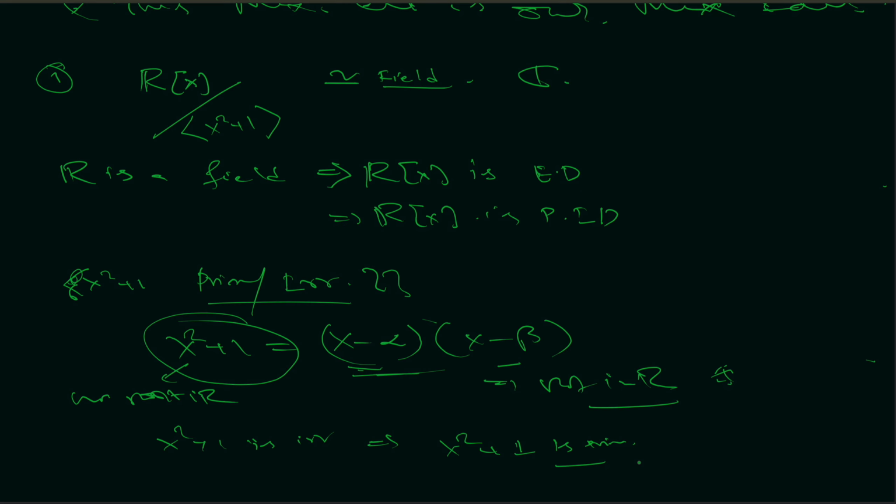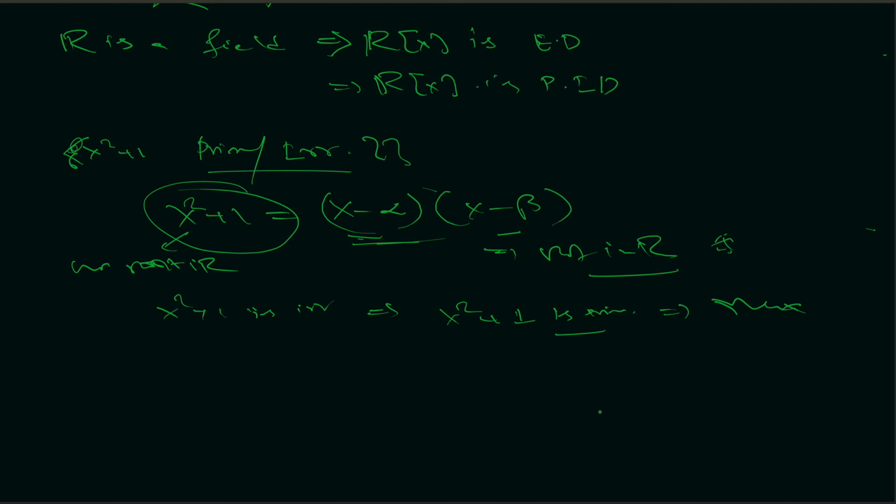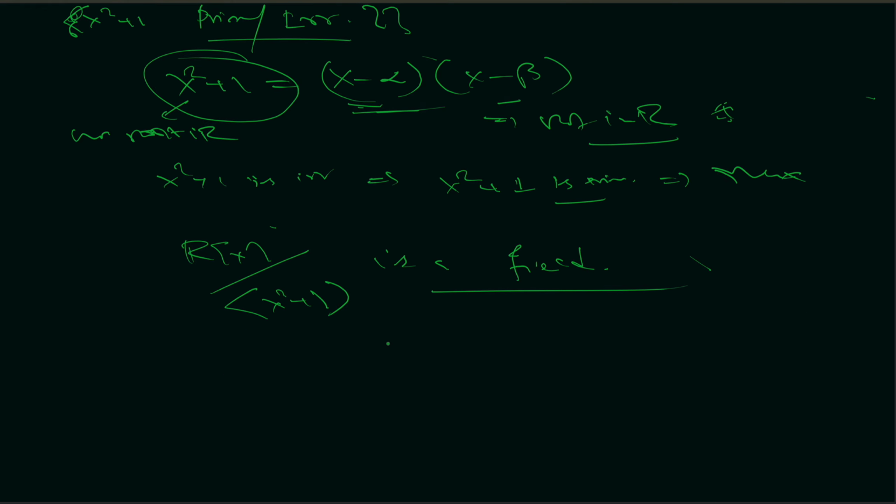If it is prime, then it is maximal. If it is maximal, then R[x] by the ideal generated by x square plus 1 is a field. Okay, so what is the field? The field is actually C. How do you define this? I am giving you the hint.